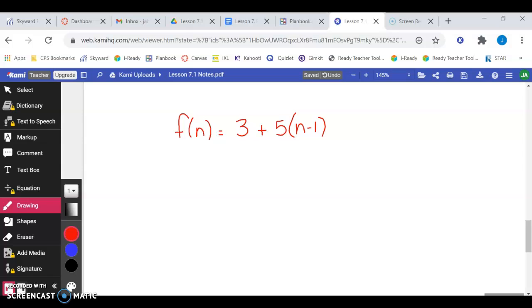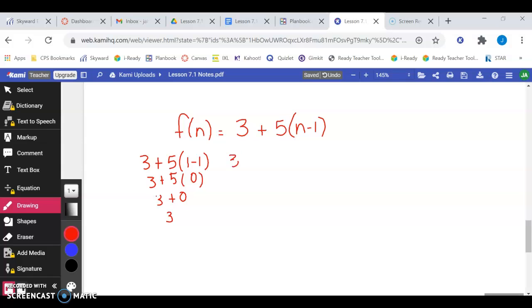So the first term, we're going to do 3 plus 5 times 1 minus 1. Well, 1 minus 1 would be 0, and we'd have to multiply that by 5. And 5 times 0 is 0 plus 3, so we would get 3. So our first term would be 3.